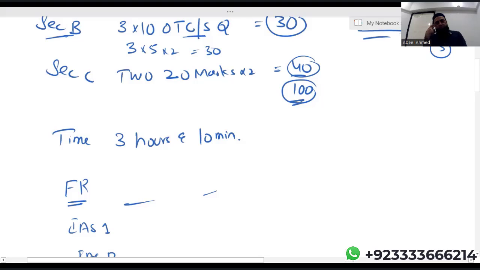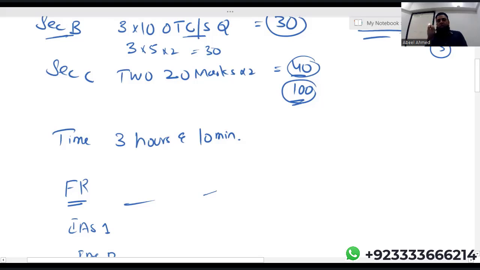Another reason of not getting good marks in a paper like FR, which is one of the easiest papers at the skills level, is when you are conceptually weak. Obviously, if you are conceptually weak, you will not be able to answer the question.